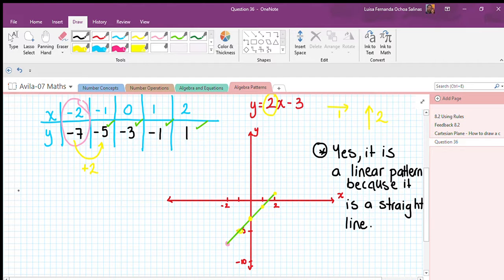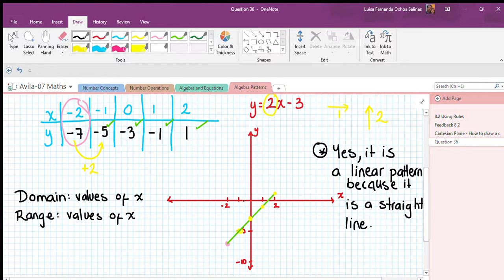Then it's asking us about domain and range. So domain means the values of x. And range are the values of y. So I'm saying, if the domain of this rule is between -2 and 2.